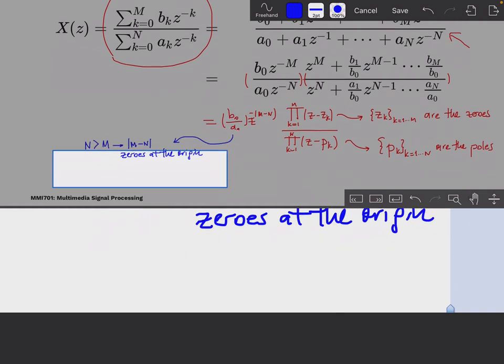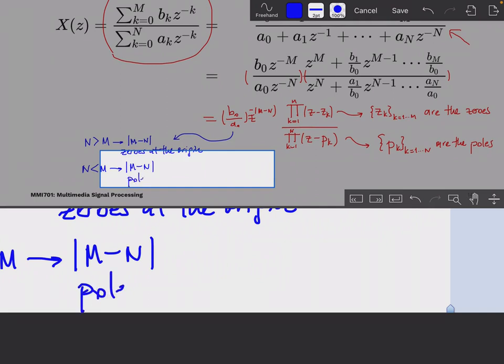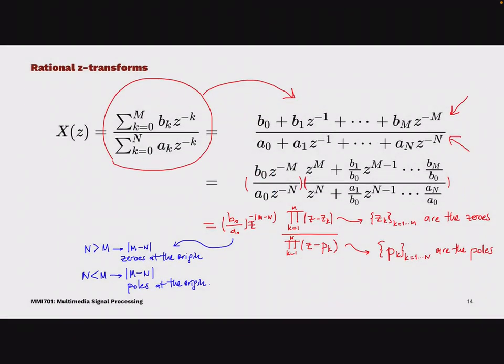So these are repeated zeros at the origin. And if n is less than m, we have again absolute value of m minus n poles at the origin. Okay, so so far so good about rational Z transforms.